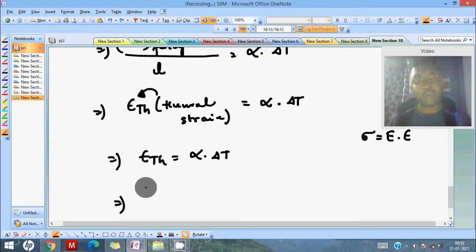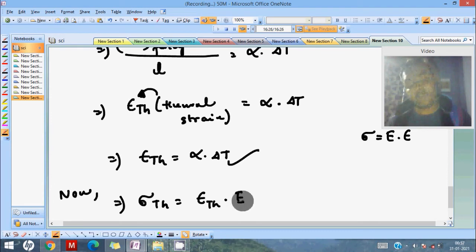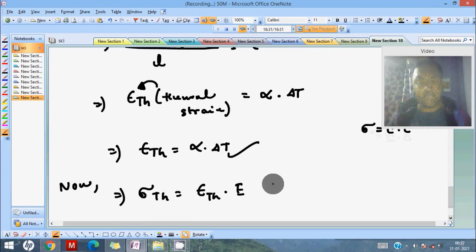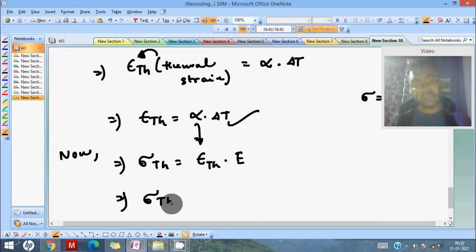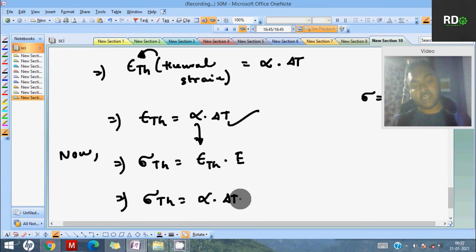So your thermal stress sigma TH will be epsilon TH into E, your Young's modulus. Along with that, you now put the value alpha into delta T here. So your sigma TH equals alpha into delta T into E.